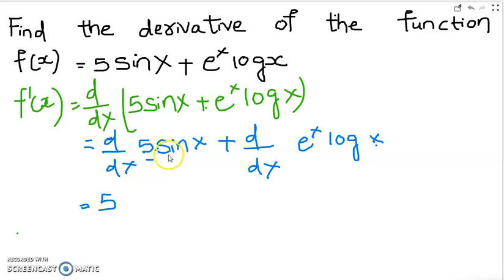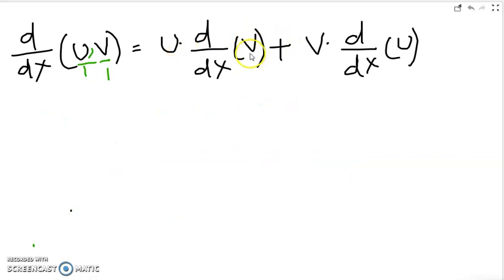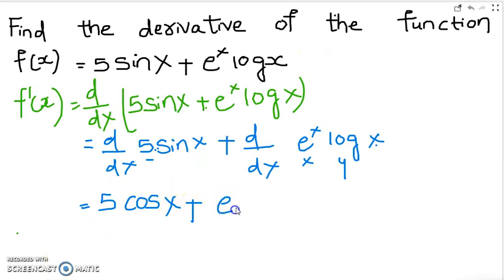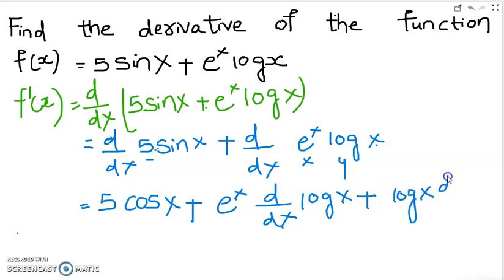So the derivative of sin x is what? Cos x. We know the derivative of sin x is cos x, plus the derivative of e^x log x. Let it be u equals e^x and v equals log x. What was the formula? First for u not v, and for v not u. So e^x d by dx of log x plus log x d by dx of e^x.